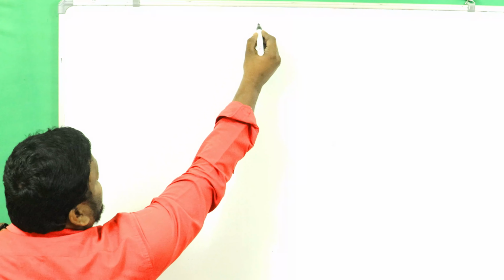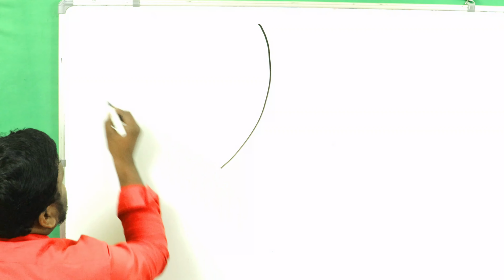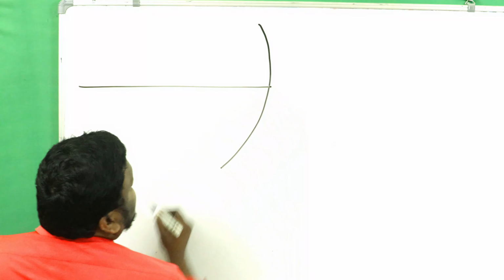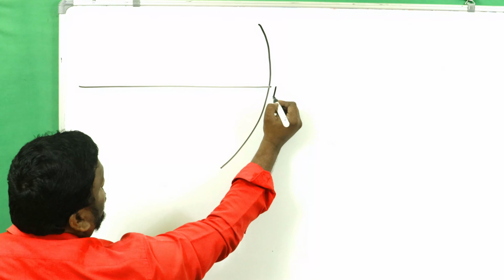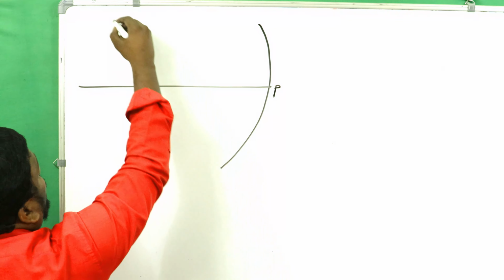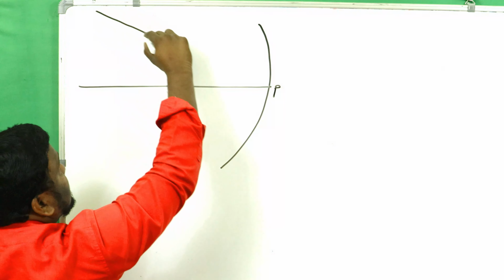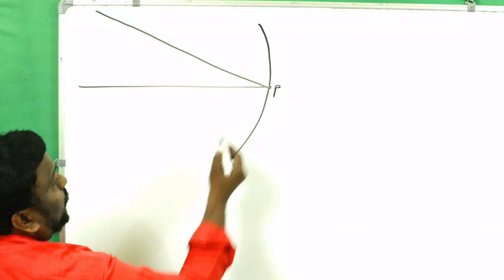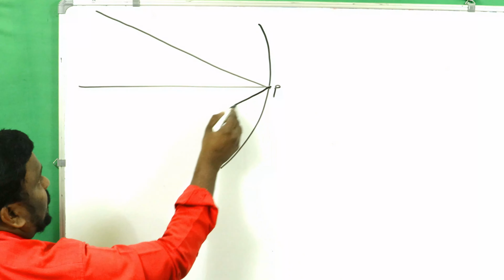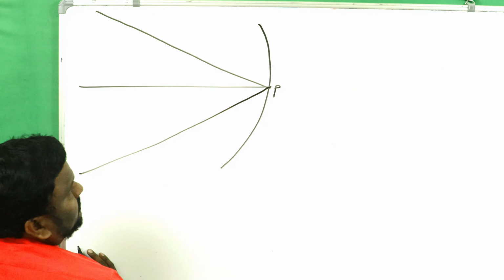Look here, this is now the concave mirror. This is the concave mirror, and that is the principal axis. This is the pole. Here what we are saying is, the ray is incident obliquely like this at the pole, and with the same angle it is going to be reflected.